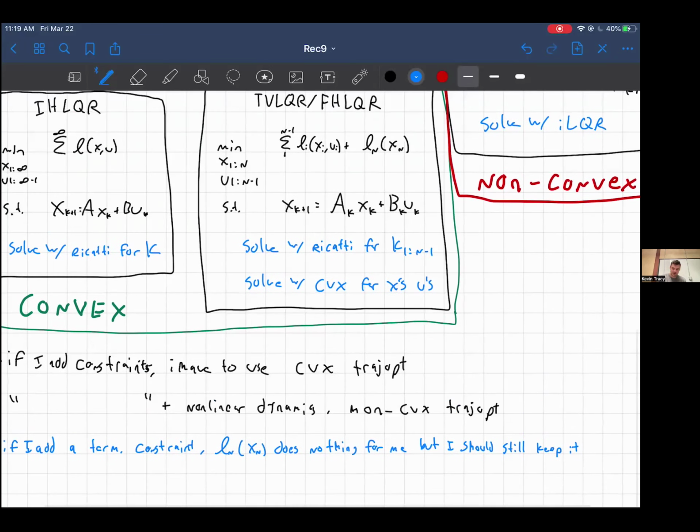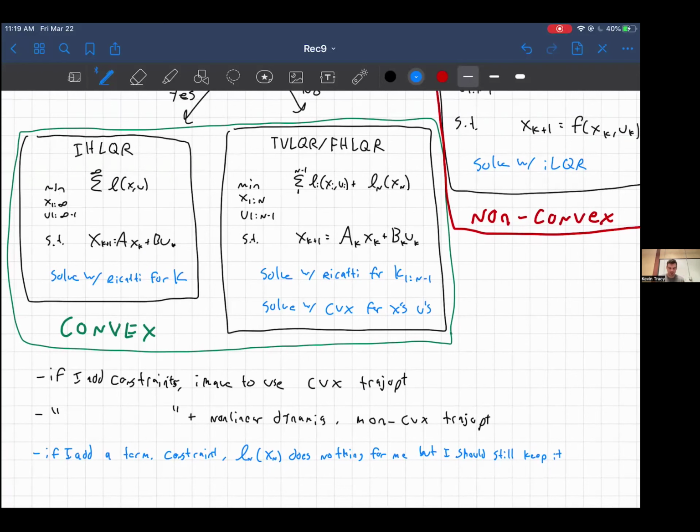So if I have a terminal constraint, the terminal cost, which is this l_N thing, does nothing for me, but I should still keep it. That's the takeaway.